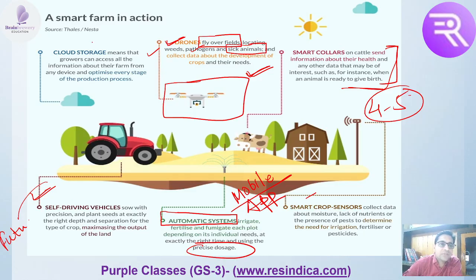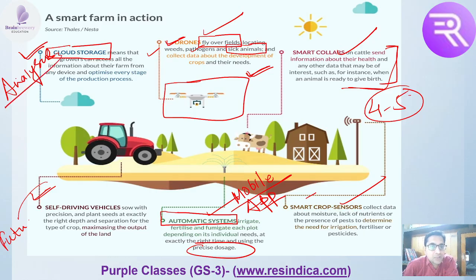Then we have the cloud storage facility. Whatever data there is, drone data, smart collar data, smart crop data, automatic system data, it will all be stored in cloud storage, and proper analysis of this information will be done so that at every stage we can optimize the whole production process, right?